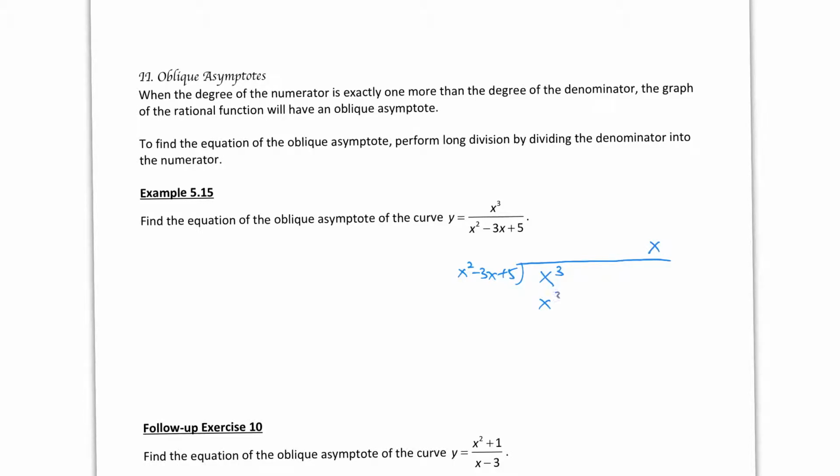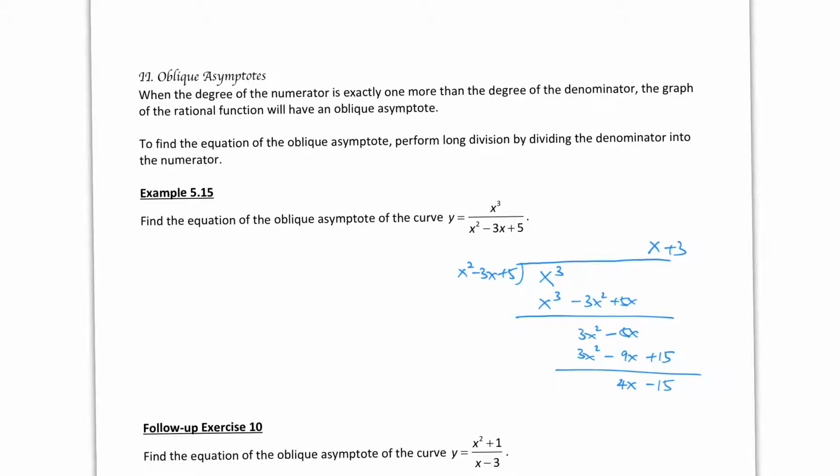So x to the power 3 minus 3x squared plus 5x. Subtract it, 3x squared minus 5x. And then it's positive 3. So it's 3x squared minus 9x plus 15. Remember, you need to subtract it. This is equal to 4x minus 15.